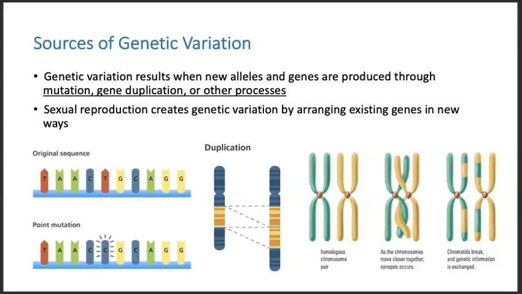So genetic variation is introduced in these ways that we've already talked about. And of course, that crossing over happens in sexual reproduction. And so we have new combinations of alleles. They occur in different ways than they had before. So that's just an important little review there.